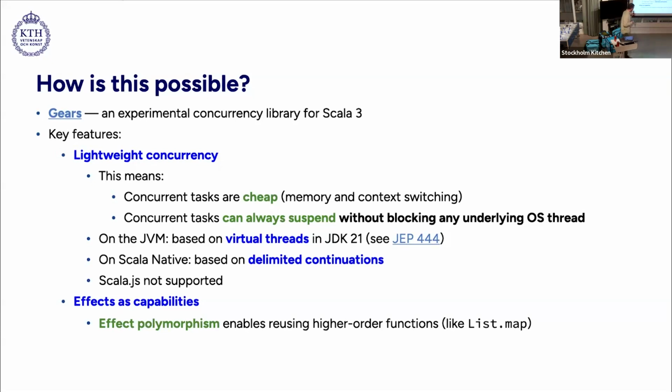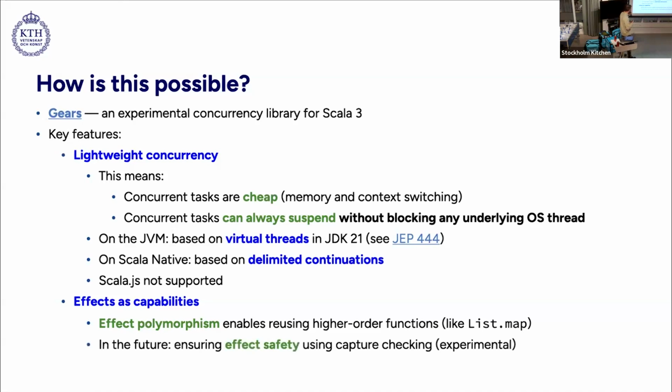So we can use methods like list.map, list.flatMap, and so on, and they can take closures that have different effects. I have a separate slide about what this means, but basically polymorphism enables a lot of code reuse. That's the bottom line. I will show you some examples later.